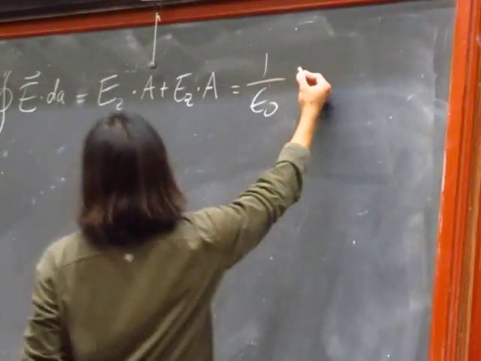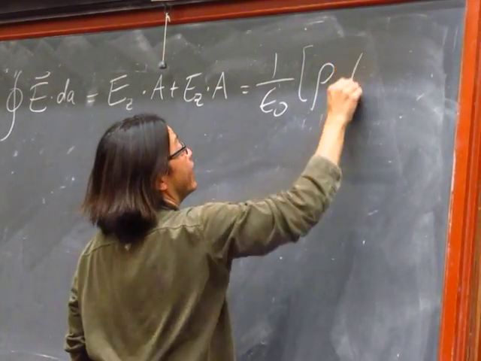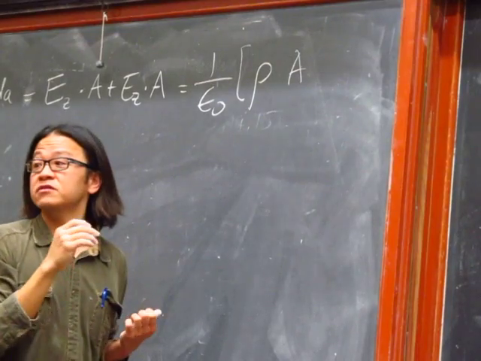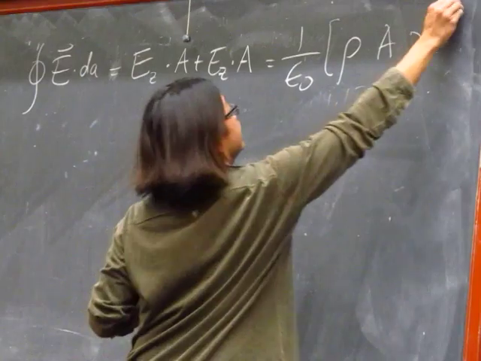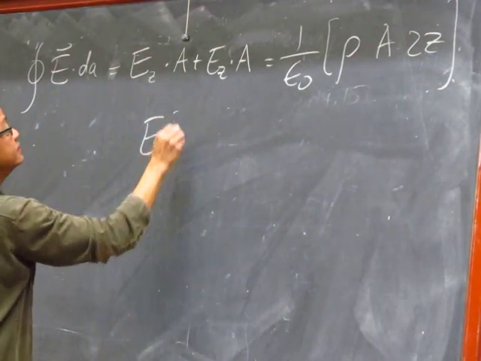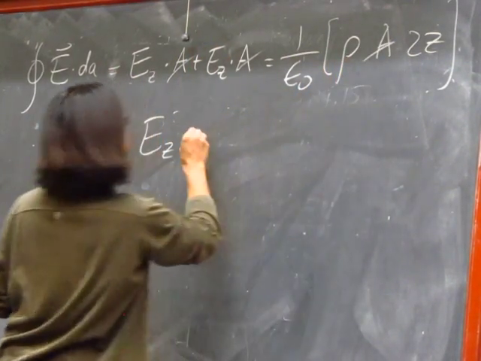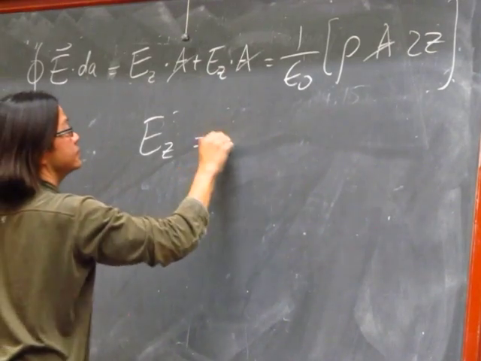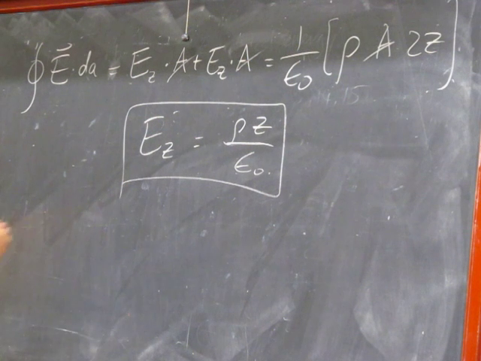So this becomes just rho times A times 2c. The A cancels, the 2 cancels, and you get E equals rho c over epsilon naught.